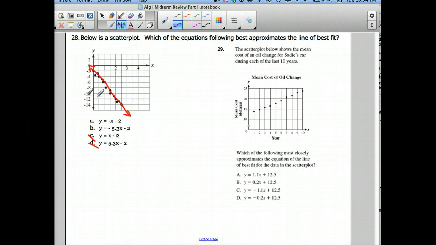And then we're going to look at the basic rise over run. So let's say from here to here-ish, should approximate it. So from -2 to -14, that's down 12. And then from 0 to 2.5. Okay, so that's a +2.5. So -12 over 2.5. What does that equal?